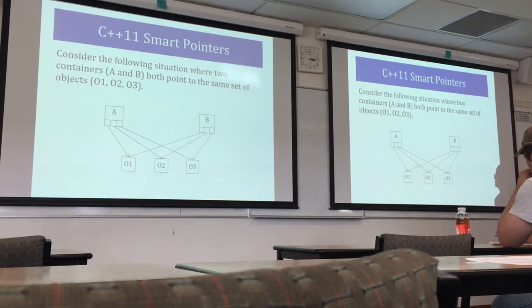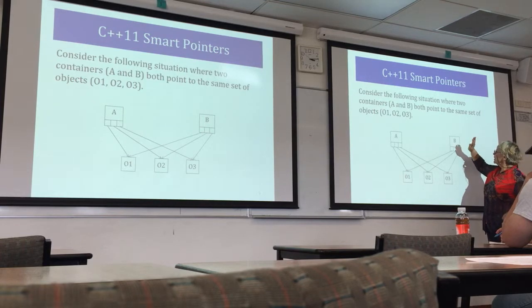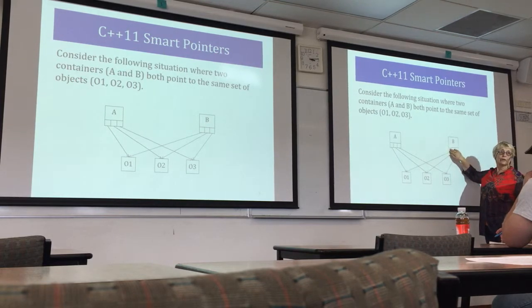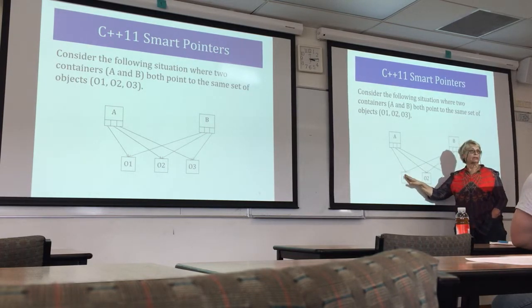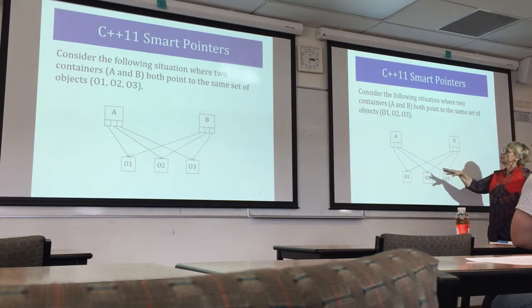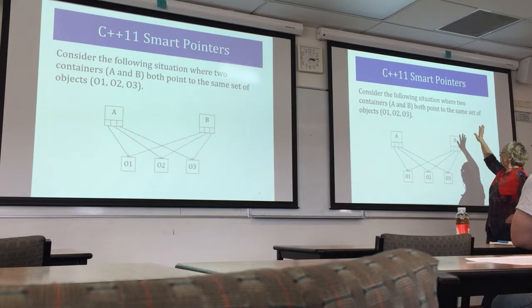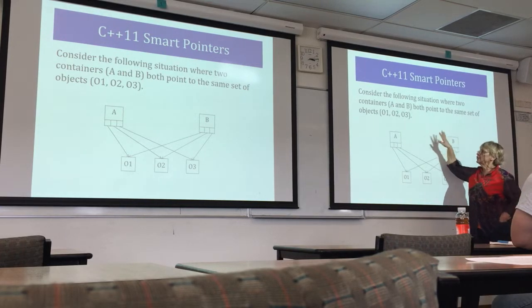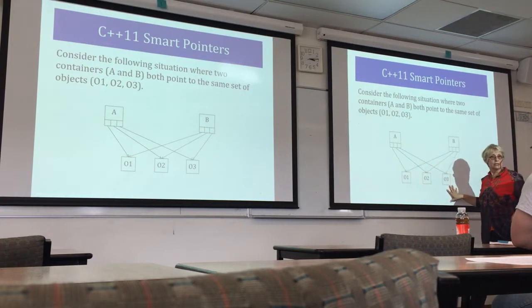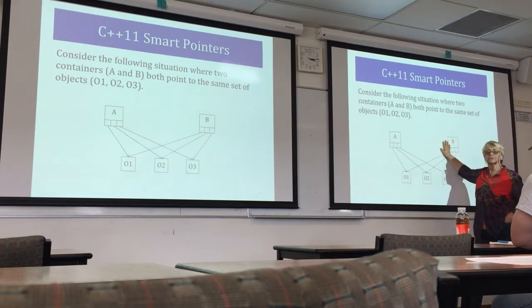Now, the thing is, if one of the objects goes out of scope and releases the memory here, this object is in bad shape. We don't know in large programs if all these objects go out of scope first, and then this will have the task to release the memory, but this shouldn't release anything.